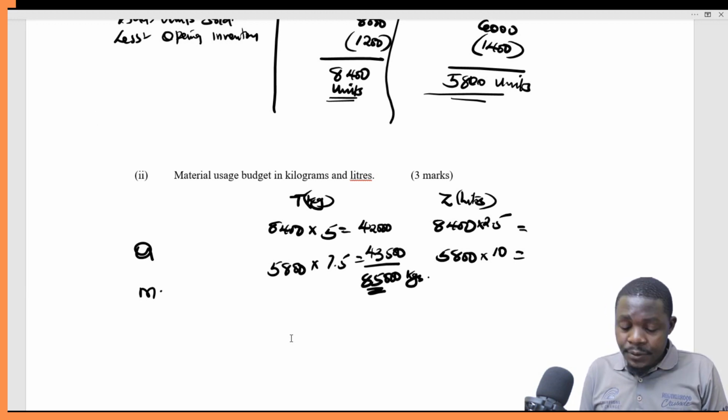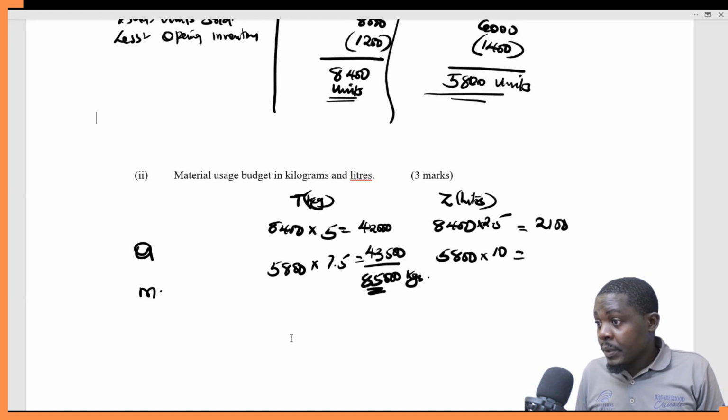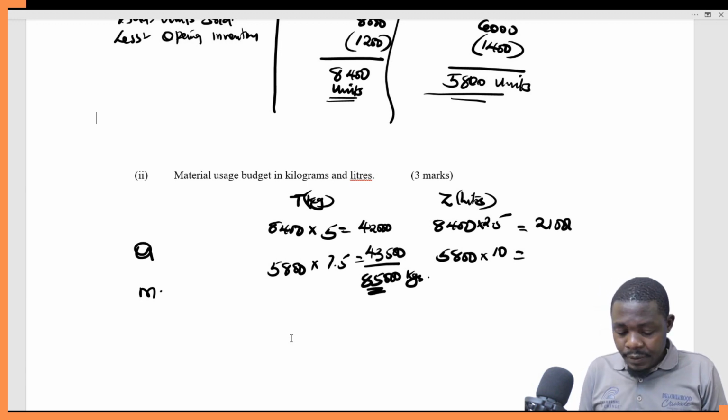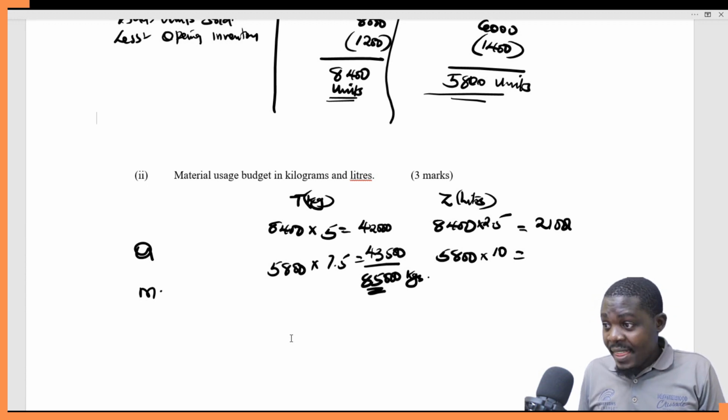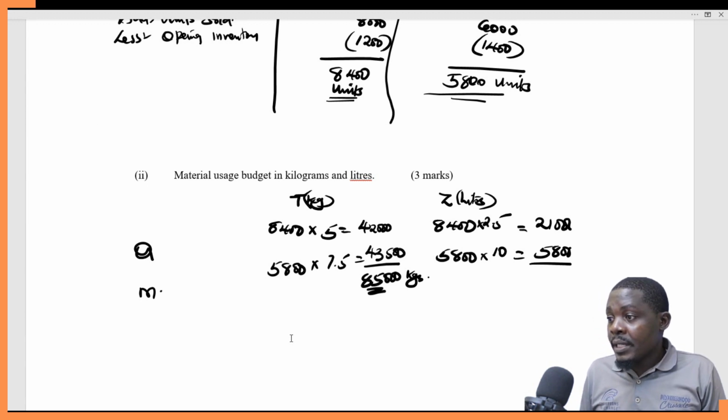And then let's look for set. We had 8,400 multiplied by 2.5, which is 21,000 liters. We have 5,800 multiplied by 10, which is 58,000. When you add, that is 79,000.